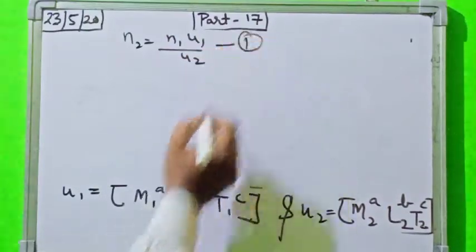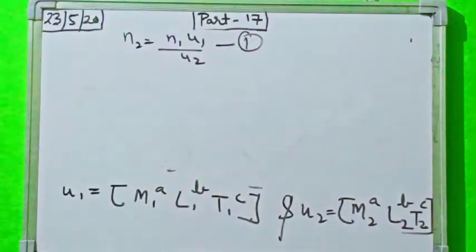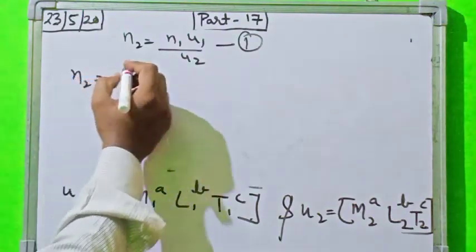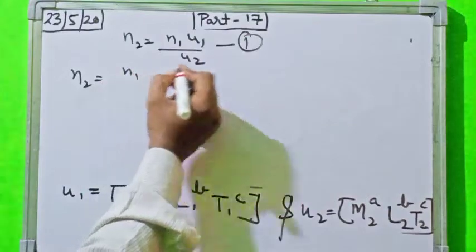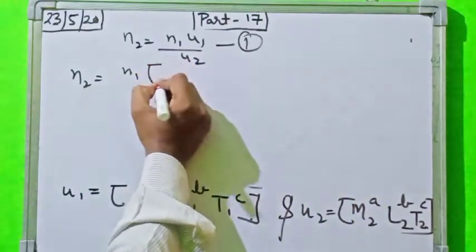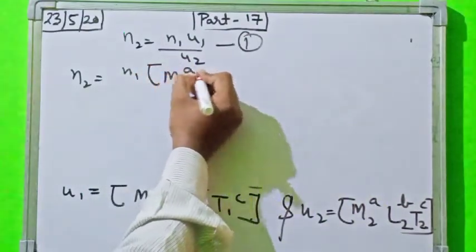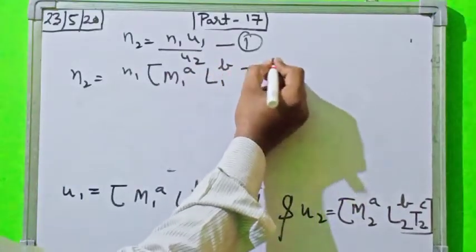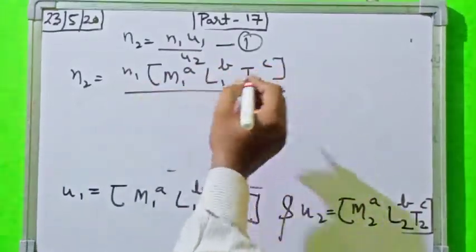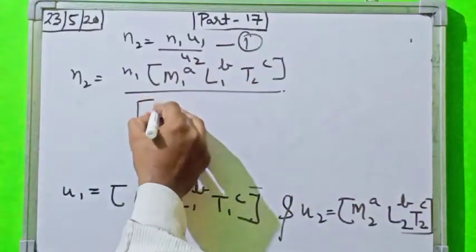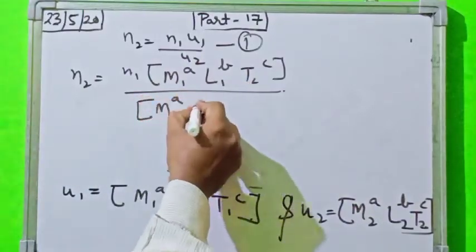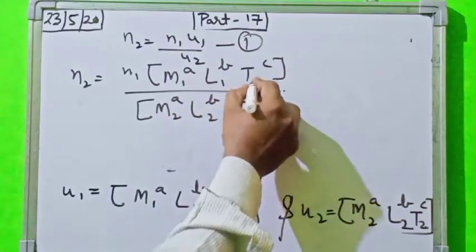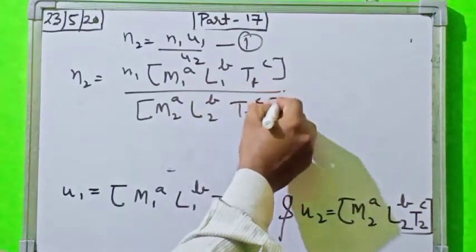From this equation we can write n2 is equal to n1 times m1 power a, l1 power b, and t1 power c upon m2 power a, l2 power b, and t2 power c.